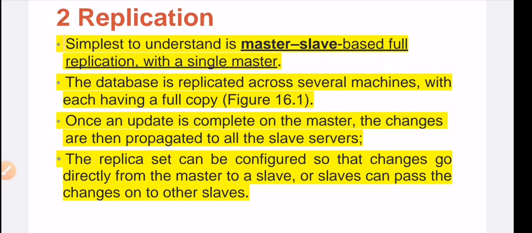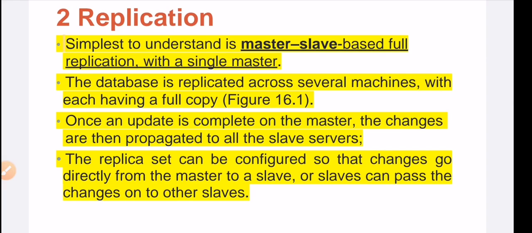This is shown in figure 16.1 that we'll see after a while. Once an update is completed on the master, the changes are then propagated to all other slave servers. So starting from the master and then propagated to the slaves.